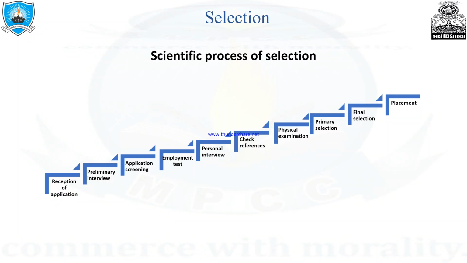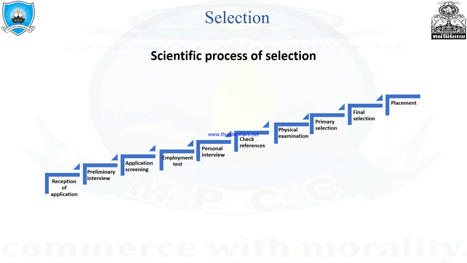Then after, final selection. If the candidate successfully completes the probation period, then he or she is finally selected for the post, and the final authority of selection is given to the manager.